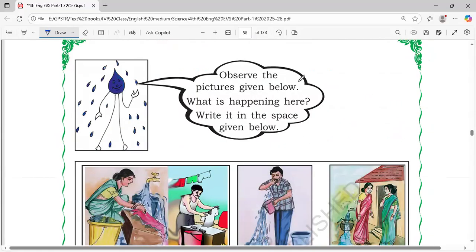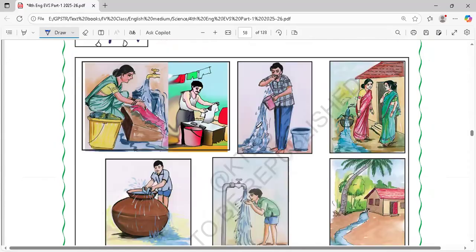Next, observe the pictures given below. What is happening here? Write it in the space given below. See here, water running. She is washing clothes. Here, this man is taking a bucket of water and washing. Here more water is wasting. Here less water, only the needed water, is used. Here more water is wasting.